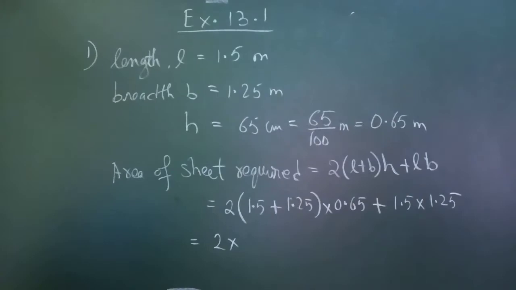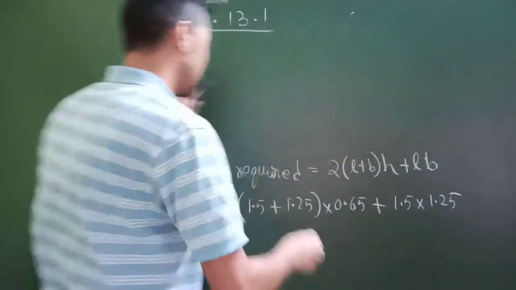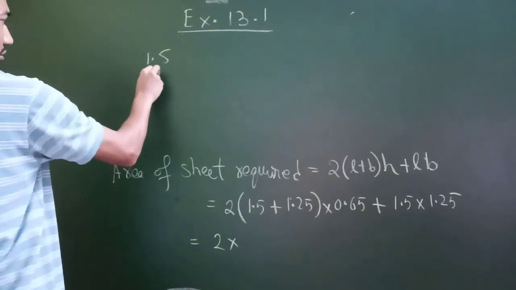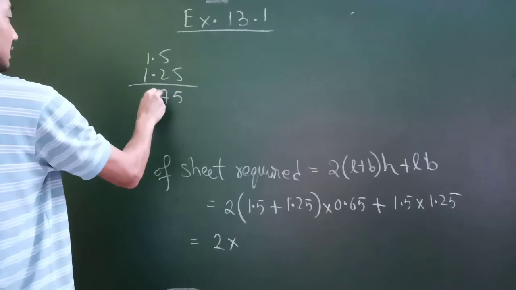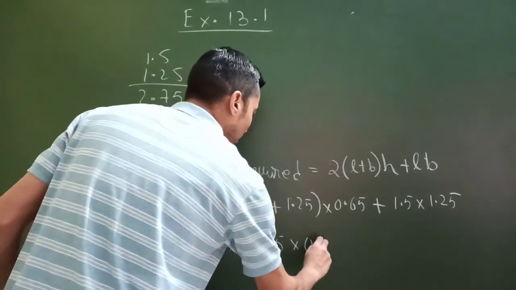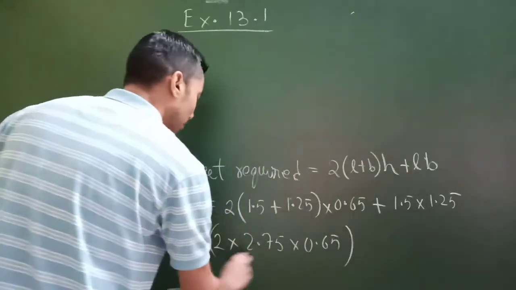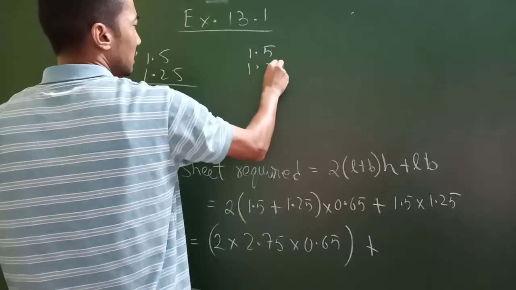Of course, you may not have a calculator, so we need to add quickly. That is 1.5 plus 1.25, be careful with the decimal, 2.75. So 2 into 2.75 into 0.65. It will be a separate group. Or it will multiply with 1.5, 1.25.